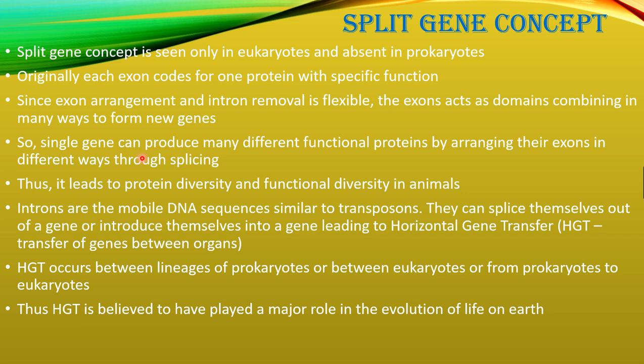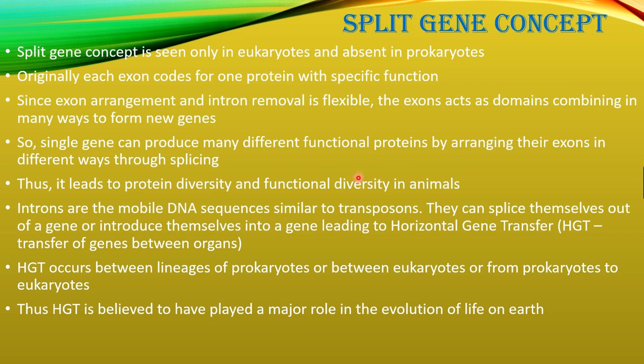So a single gene can produce many different functional proteins, as the exons splice out the introns in different ways. This leads to protein diversity, which leads to functional diversity in animals.